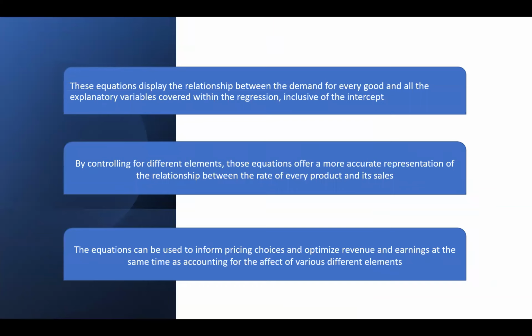This equation shows the relationship between the demand for every good and all the explanatory variables covered within the regression, including the intercept. By controlling for different elements, these equations offer a more accurate representation of the relationship between the price of every product and its sales. These equations can be used to inform pricing choices and optimize revenue and earnings while accounting for the effect of various other elements.